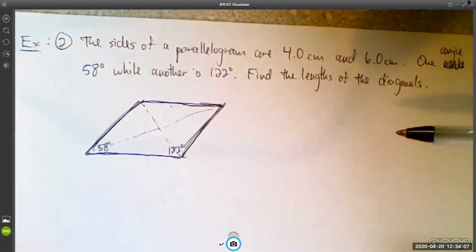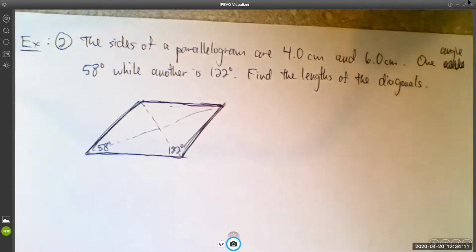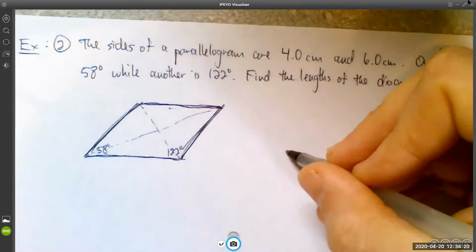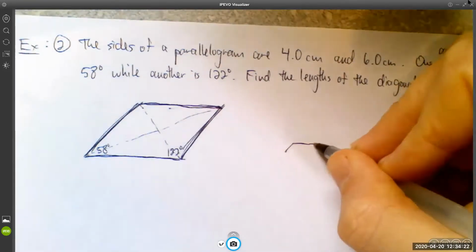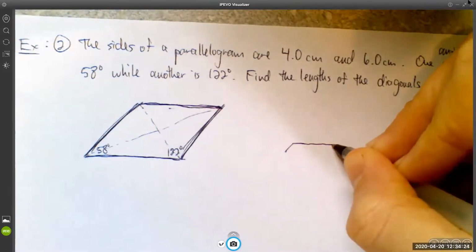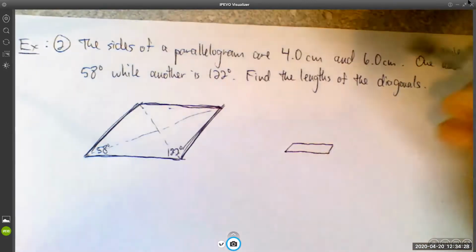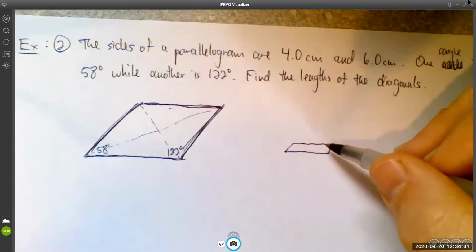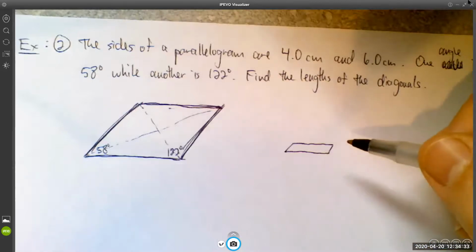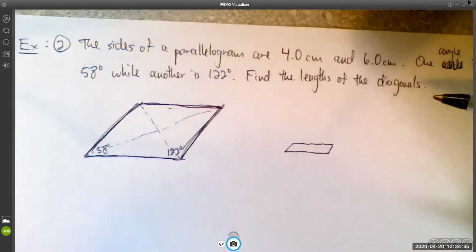Well, if one of them was really small and the other one was really long, what does that do to our... I don't know how that relates to the angles that were given.